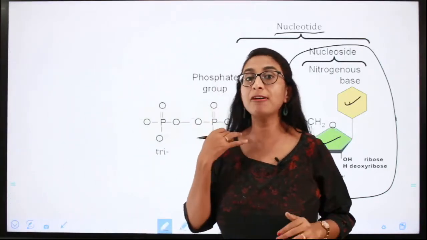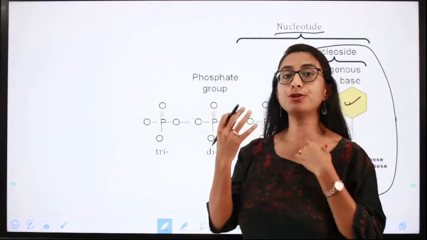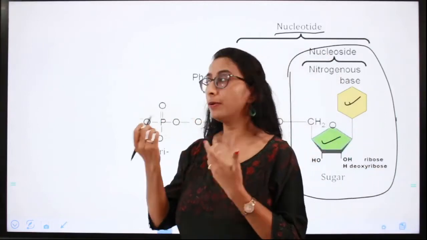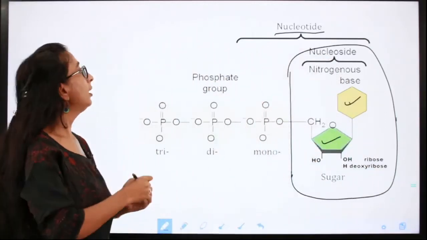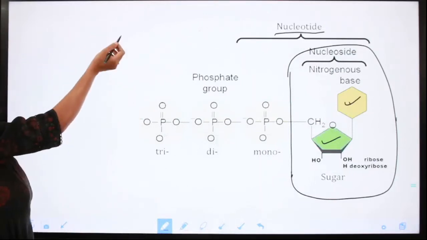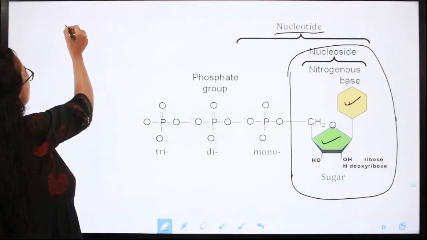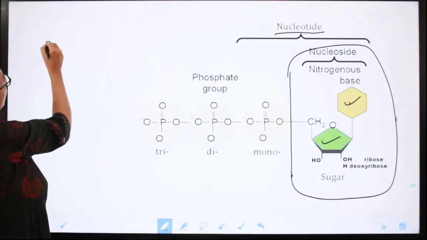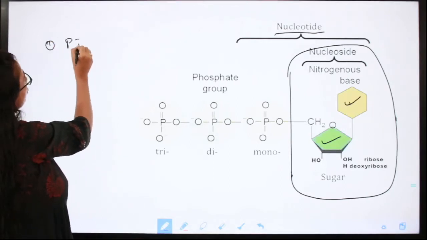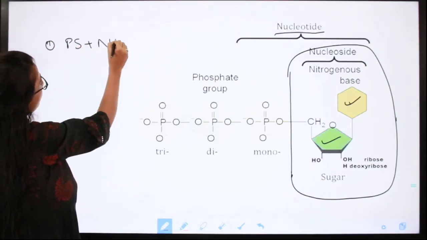So you can have questions making you confused between this also. So you might get a question asking, what are the components of a nucleoside? So the options might be, first option can be, it is the pentose sugar plus nitrogenous base.